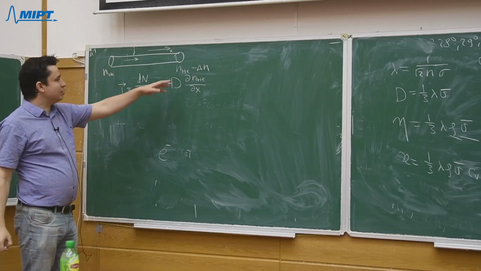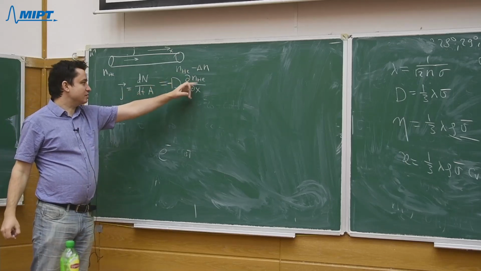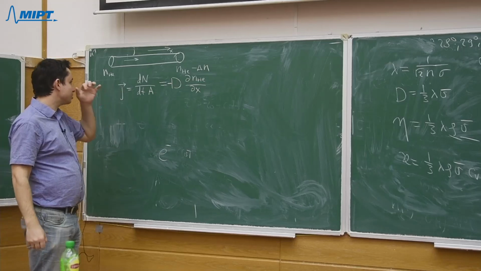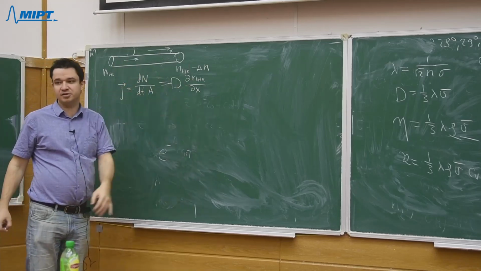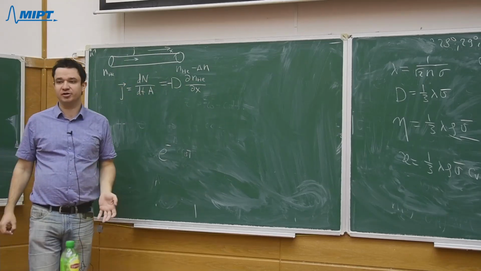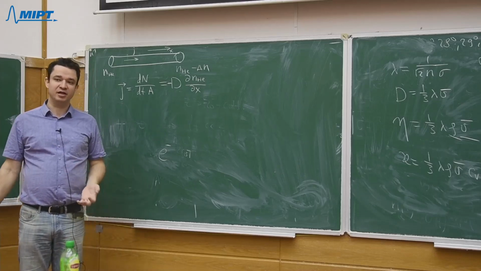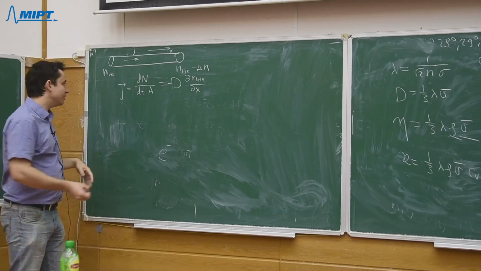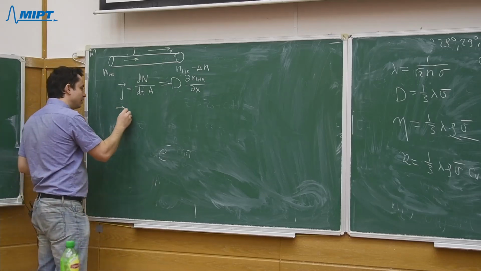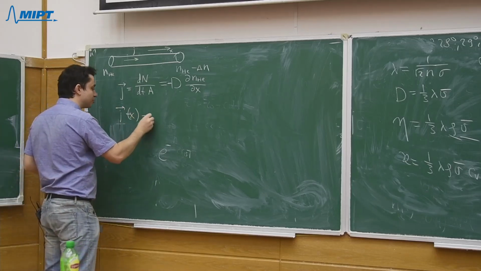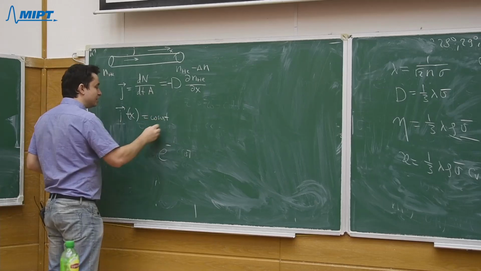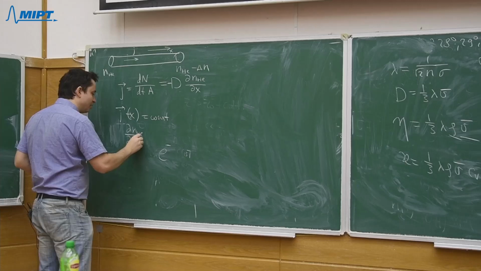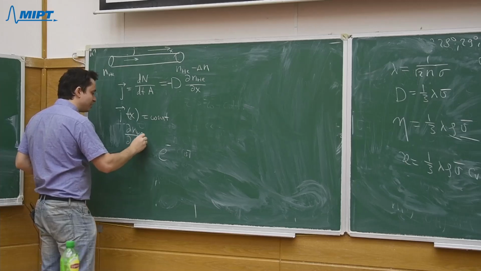So once again, this derivative is negative, and since this j is constant everywhere in this tube, we are dealing with a stationary problem, and that means that helium molecules do not accumulate anywhere inside the tube. That means that j as a function of x is constant. So once again, we have a constant derivative of the helium concentration over x.